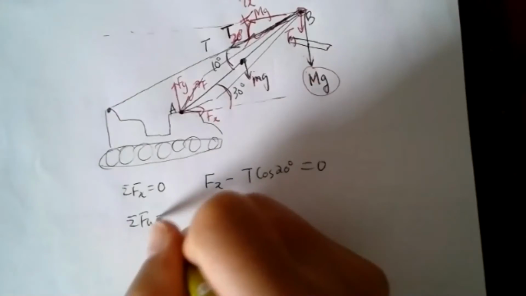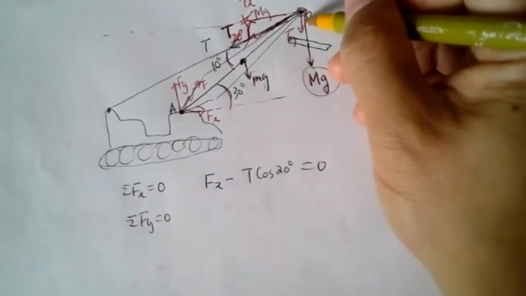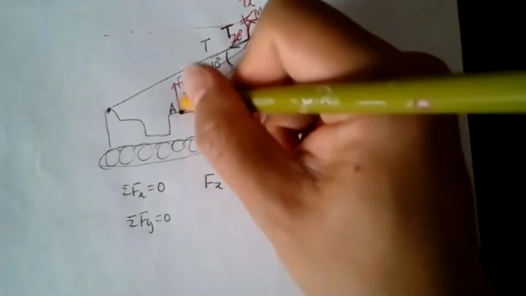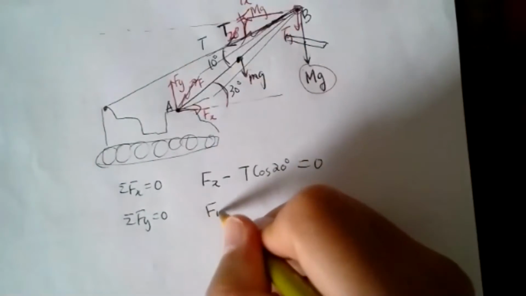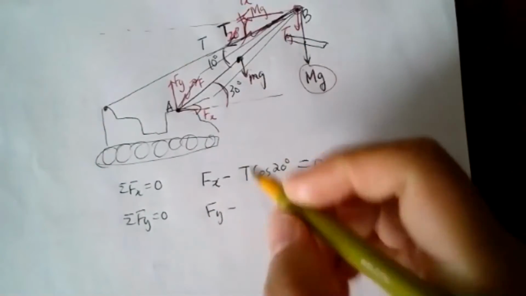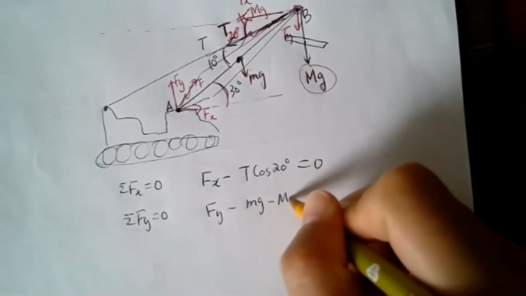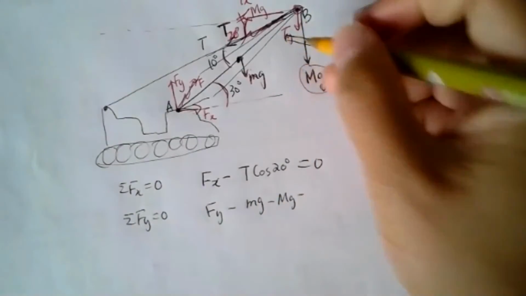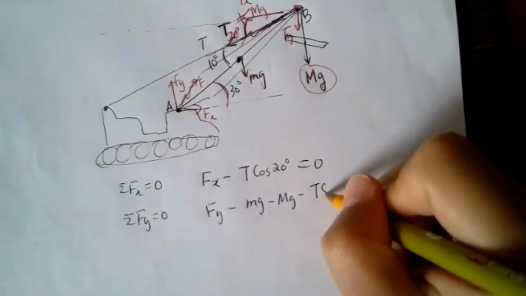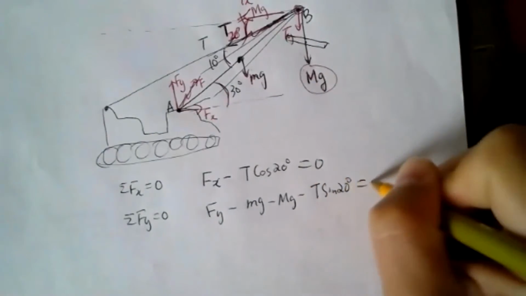Net force in y direction should also equal 0. So you have 1, 2, 3, and 4. So Fy minus small mg minus capital Mg minus tension y, Ty, that will be T sine of 20 degrees, that equals 0.